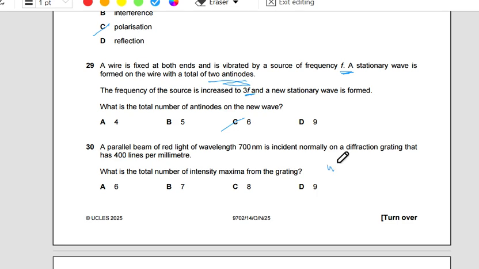We have N lambda equal d sine theta. Here d is 1 over 400, but this should be divided by 10 to the minus 3 to convert millimeter to meter, times sine theta.